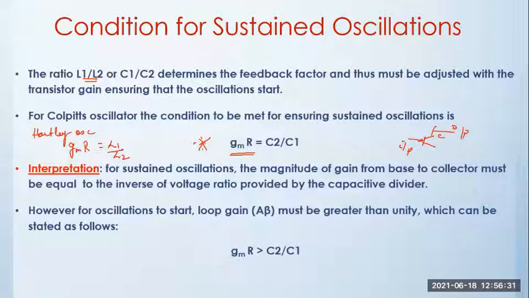So just remember this. In Hartley oscillator, the gain ratio will be dependent on L1 by L2, whereas in Colpitts it is C2 by C1.